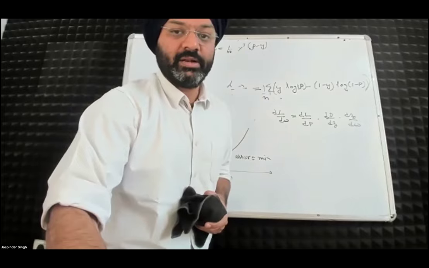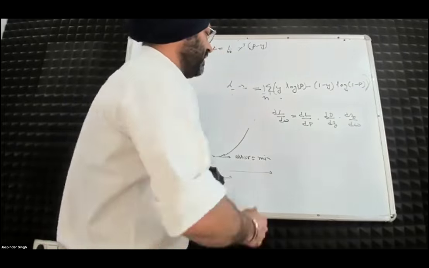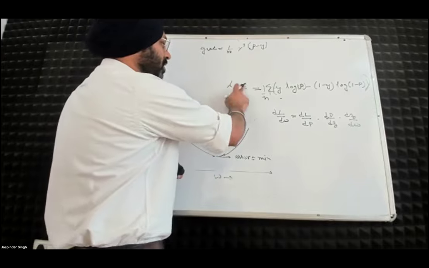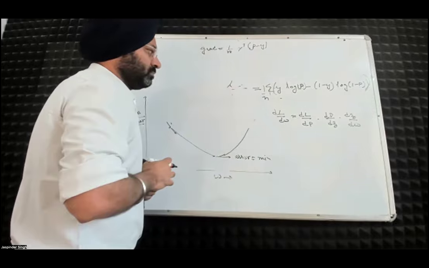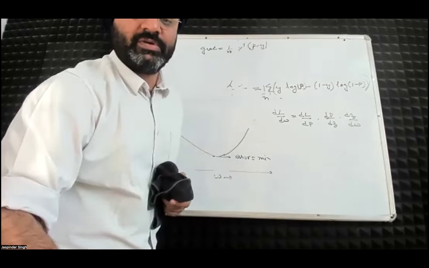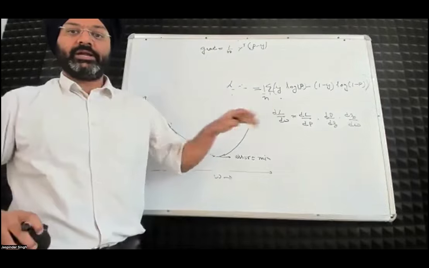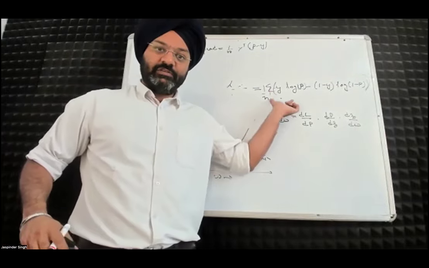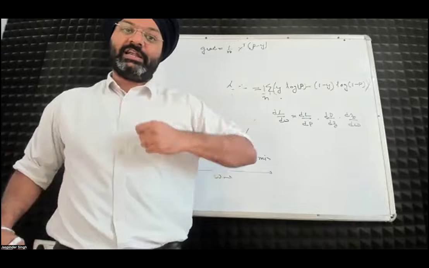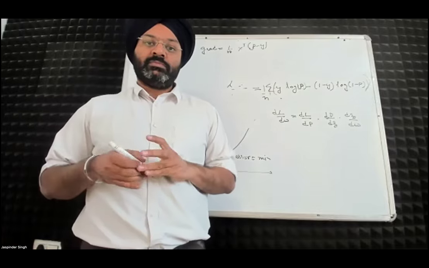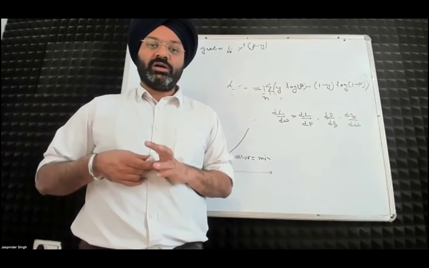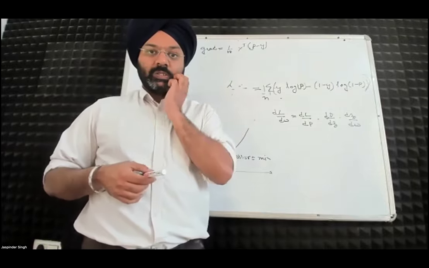So let's go one by one. Firstly, dl by dp. What is the log loss function over here? That is this. Just before going to the gradient, what is the shape of this curve? MSE was a quadratic function. What is the shape of this function right here?